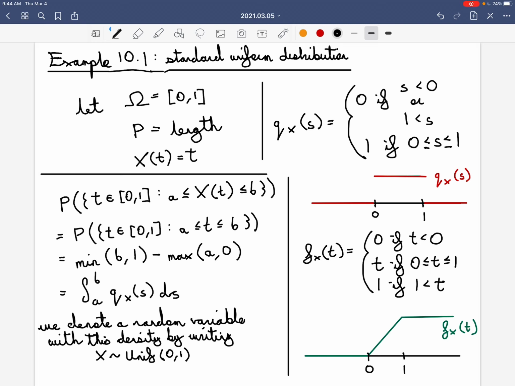Instead, we write it like the notation I have at the very bottom left of the page, where we write something like x, which denotes the random variable, and then we write this little tilde and write, in this case, uniform 0, 1 for the density that we're trying to consider.